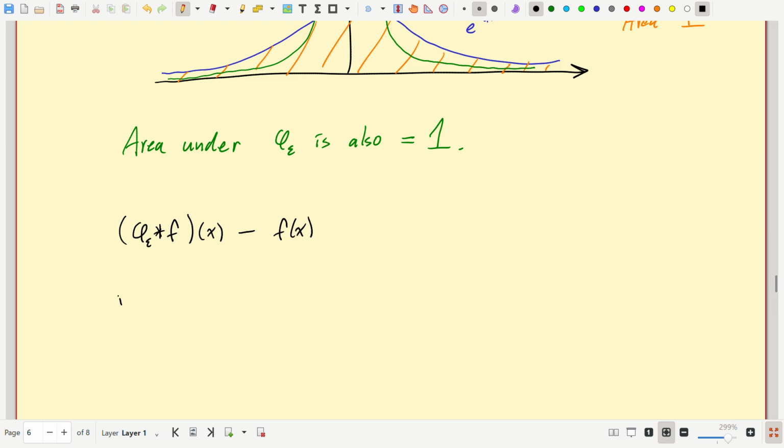This one I'd write as the integral from minus infinity to infinity of, let's see, where do I want the x? It doesn't matter what order I do this in. I think I prefer this one.